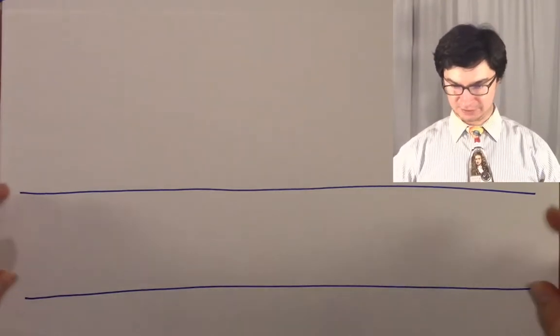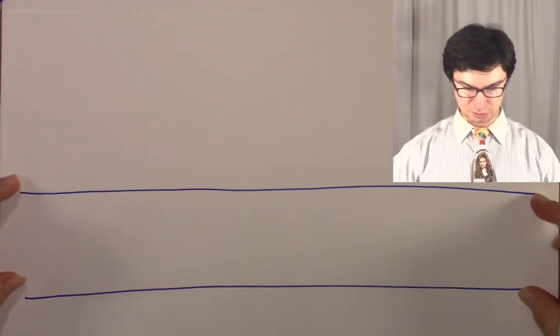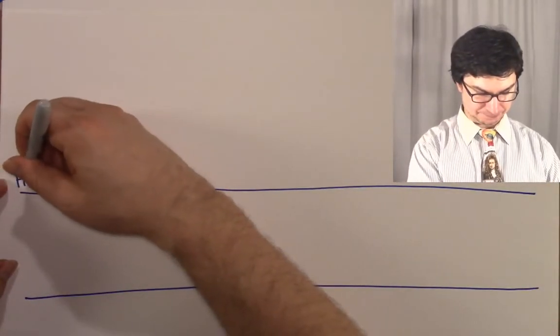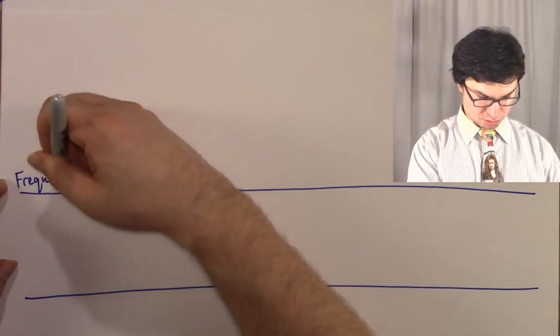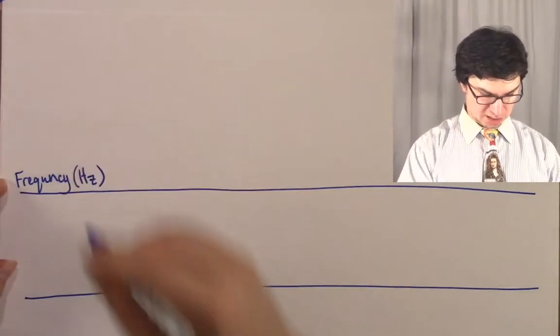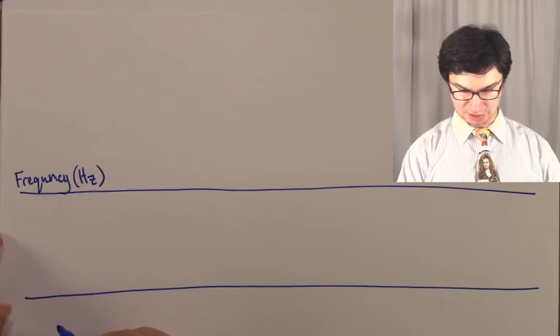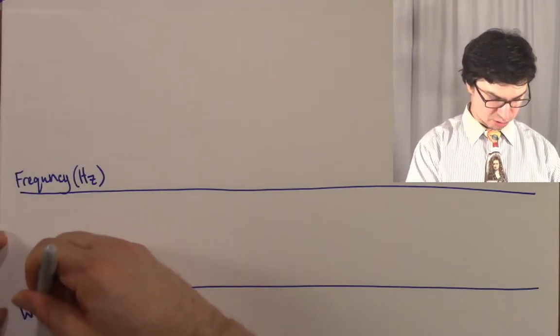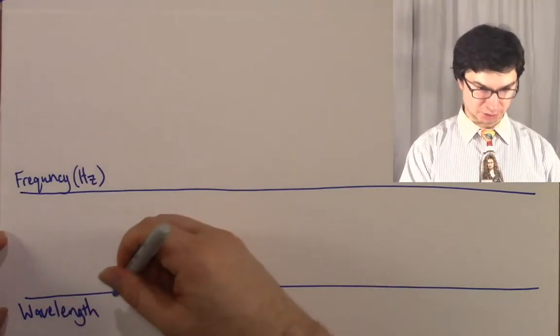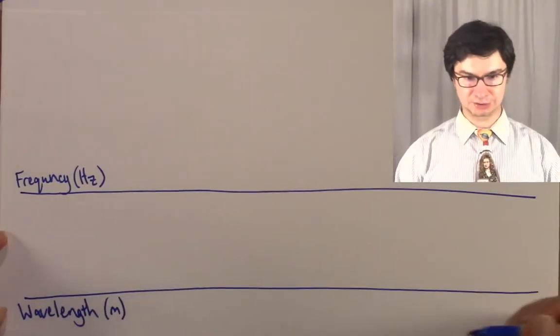Okay, and try to give yourself a good chunk of space in between these two lines. The top axis here is going to be the frequency, and that's going to be measured in hertz. And the bottom axis here is going to be the wavelength, and that's going to be measured in meters.